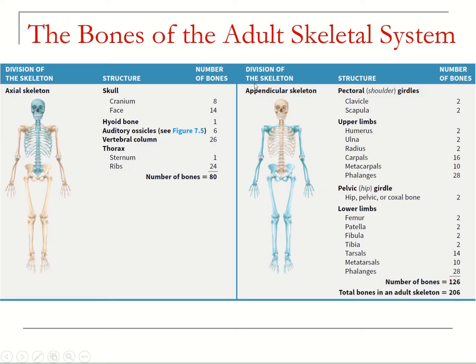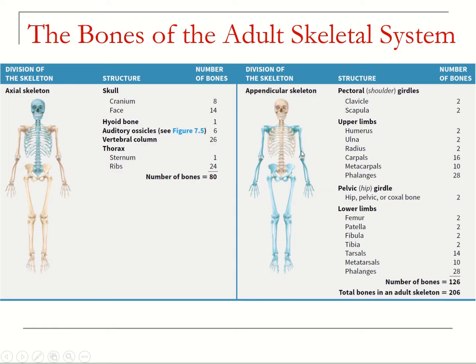While in the appendicular skeleton, we have 126 bones. So 80 plus 126 equals 206. In an adult skeleton, we have 206 bones all in all.